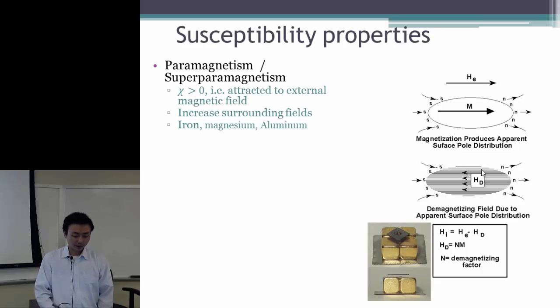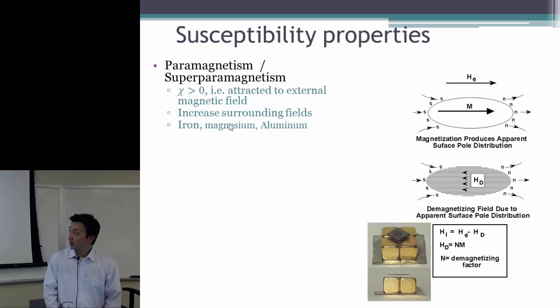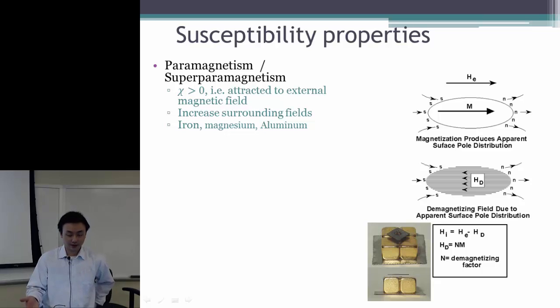For susceptibility properties, we have paramagnetic, or sometimes superparamagnetic, substances. This kind of substance has a positive susceptibility value. That means it will be attracted to the external field when it's put in that field, and it generates magnetization along the same direction as the external field.